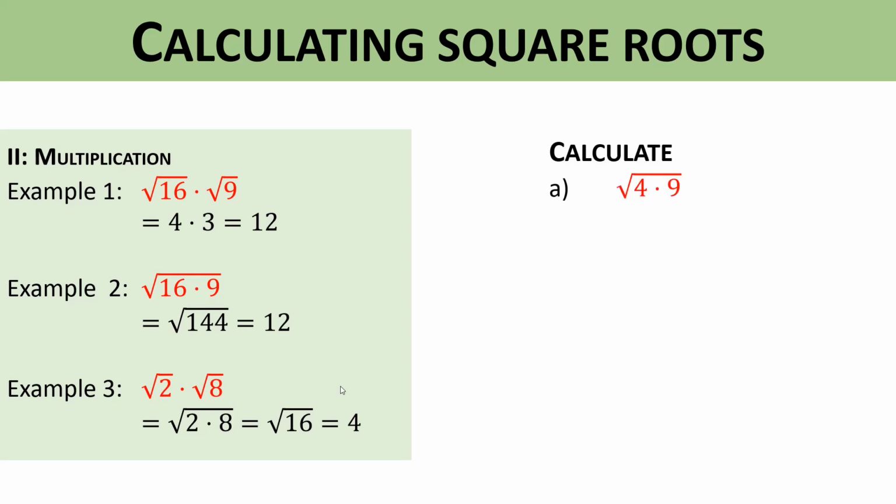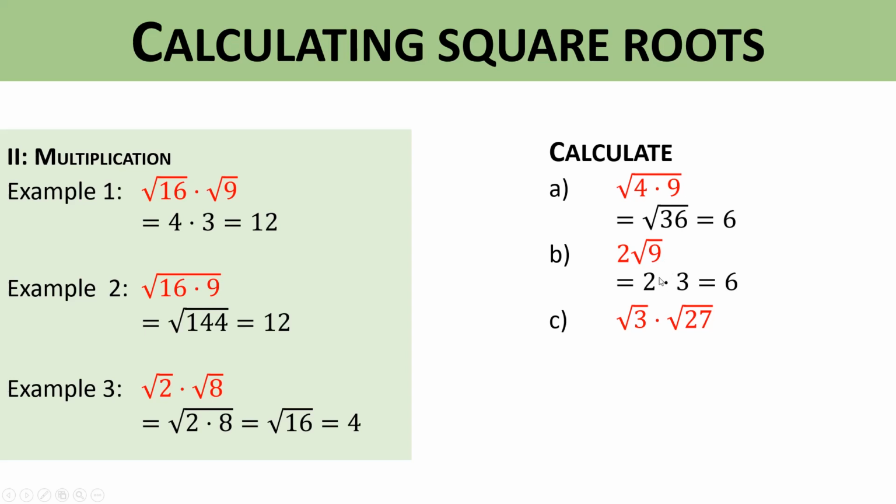Let's look at a few practice examples. So, square root of 4 times 9. 4 times 9 is 36, so this is the square root of 36, which is 6. Here, this says 2 times the square root of 9, so we get 2 times 3, of course, and 2 times 3 is 6.